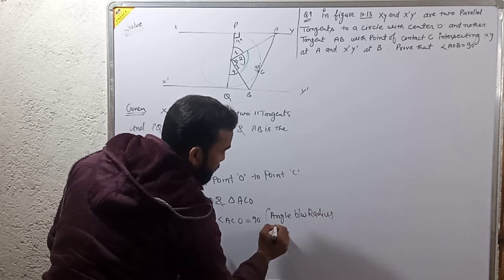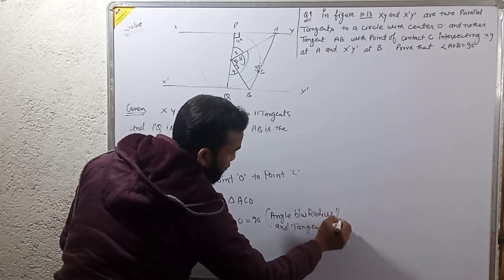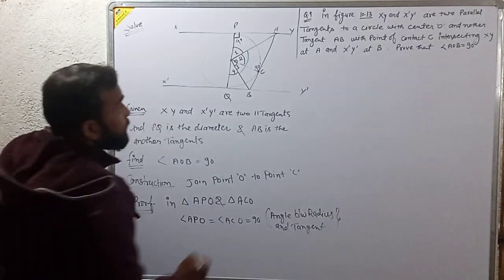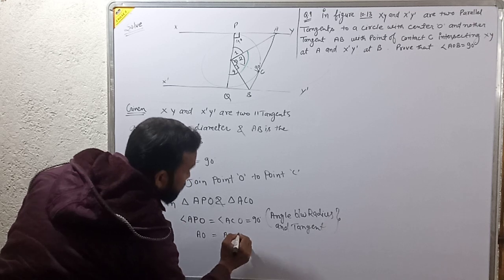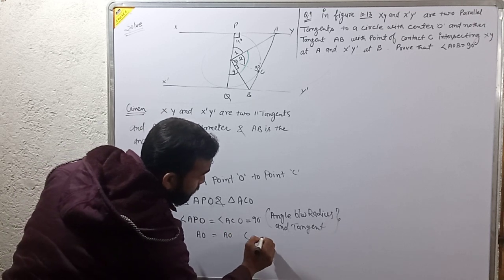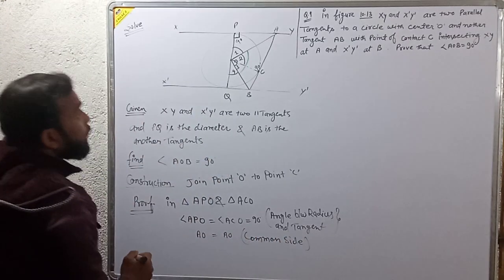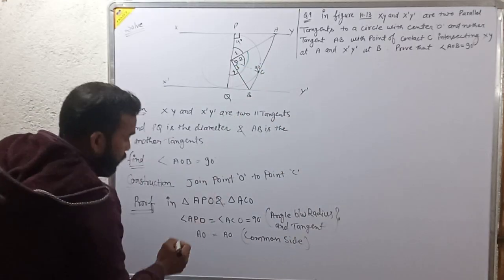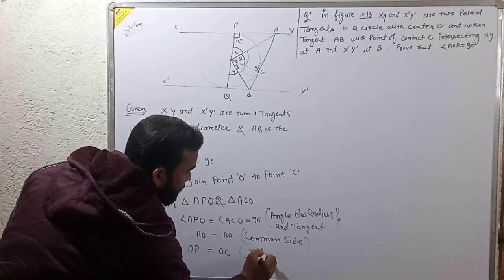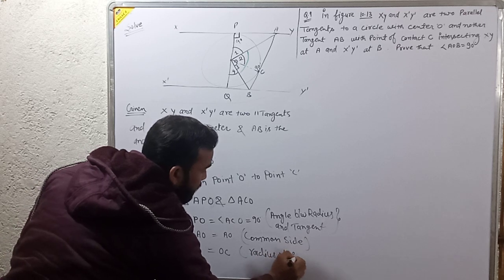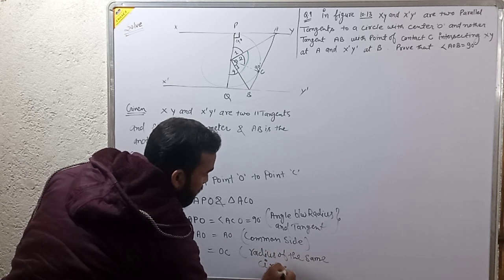AO is equal to AO, it is the common side, and OP is equal to OC, it is the radius of the same circle.